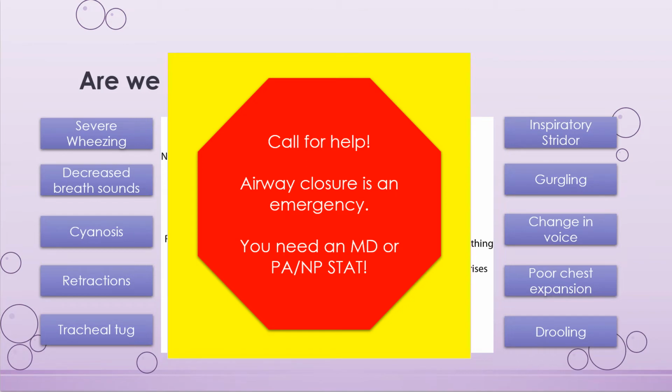So airway closure is an emergency. We need someone who can put in an airway now. So an MD, a PA, an NP, or in the world of NCLEX, it might be listed as a licensed independent practitioner, or LIP. We need a doctor, right? We need somebody who can put in an airway now.